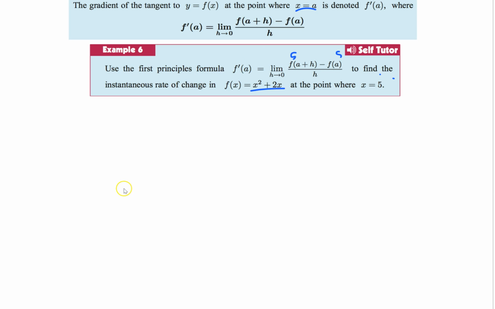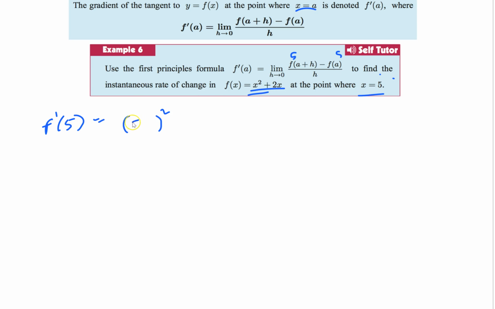So, let's do this. If I want a derivative at 5, again, look at the formula. I'm doing x squared plus 2x. So for this first part, just like I always do, we plug a plus h in for x. So it's a plus h, squared. In this case, my a, the number I'm plugging in, is 5.